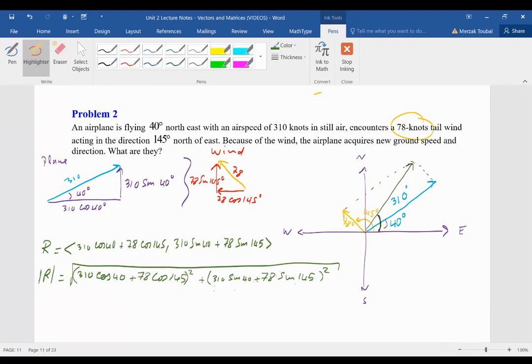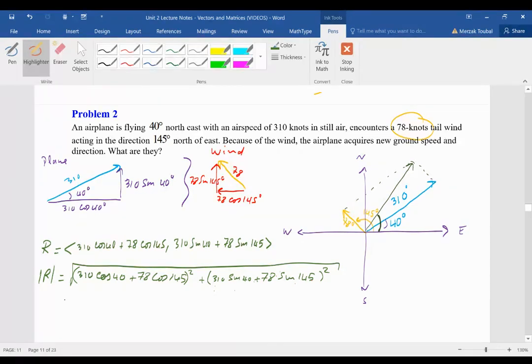So start with the first one, 310 cosine 40 plus 78 cosine 145, and that's squared, plus 310 sine 40 plus 78 sine 145, square it, equal.